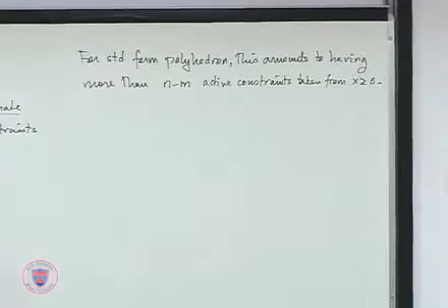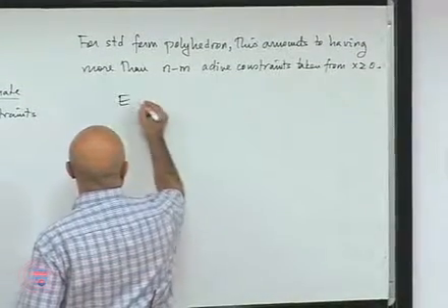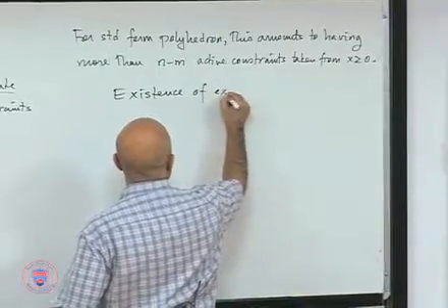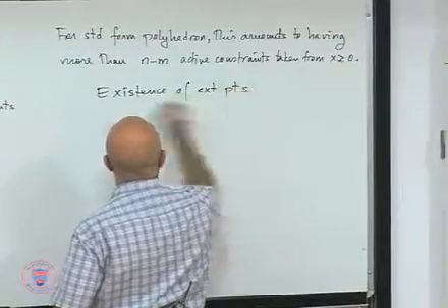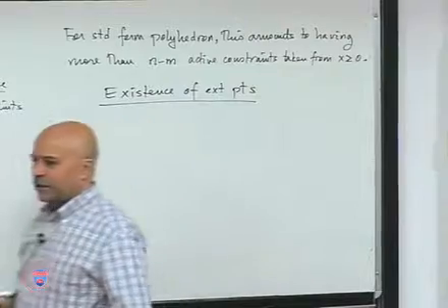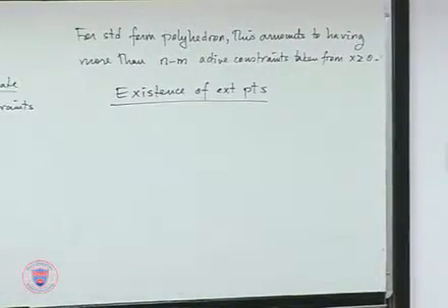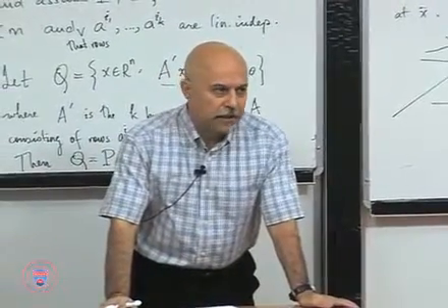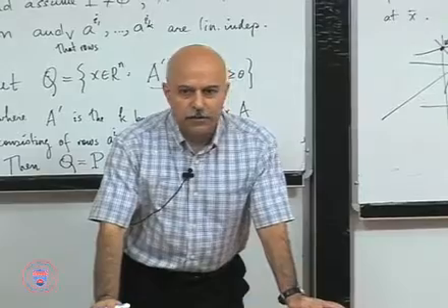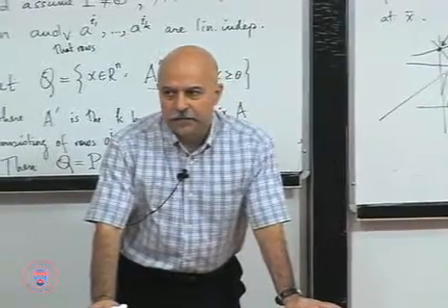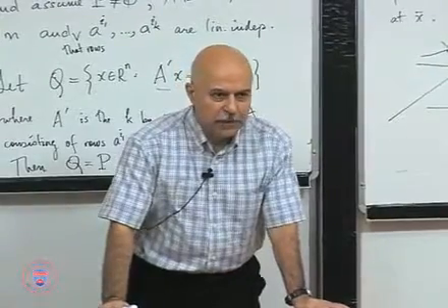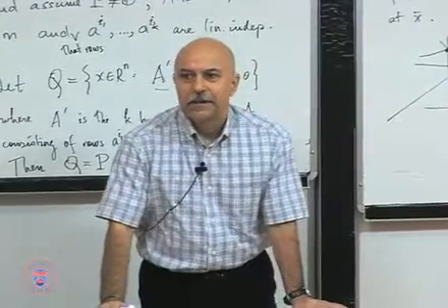Existence. Does every non-empty polyhedron have an extreme point? The answer is no, not necessarily. Some polyhedral sets do not have extreme points, in which case things may not be very pleasant for you.